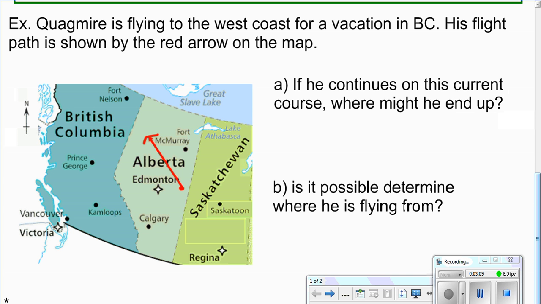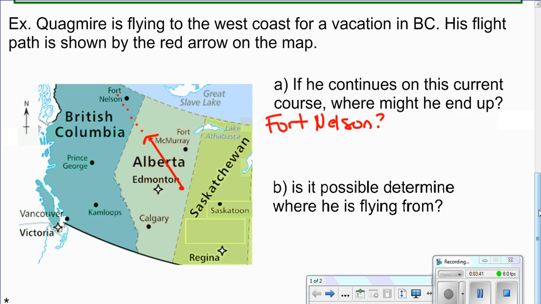So the only point we can really see if we extended this data line would be maybe Fort Nelson. Okay, but we would be extrapolating. We're making a guess. We don't know. We are assuming that his flight path is staying constant, that he's moving in a straight line. He's doing a linear relation. His path isn't changing.